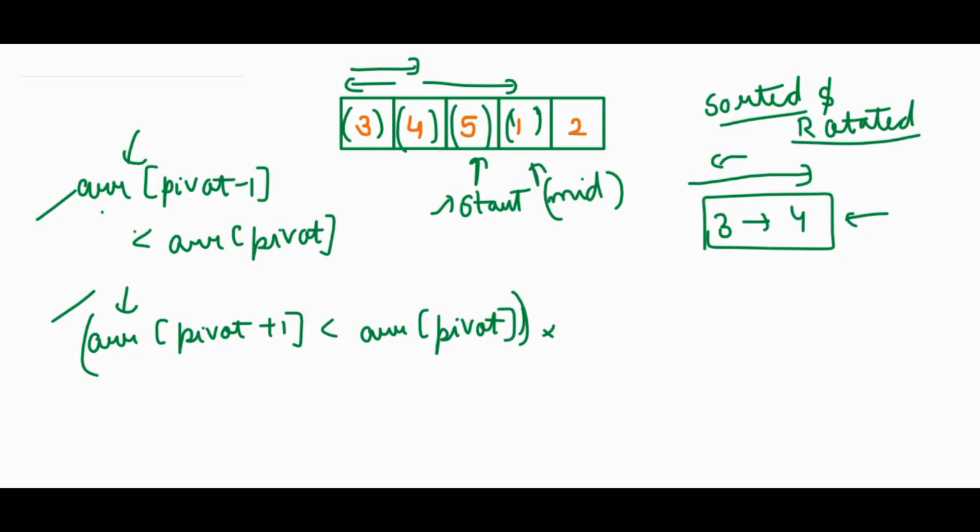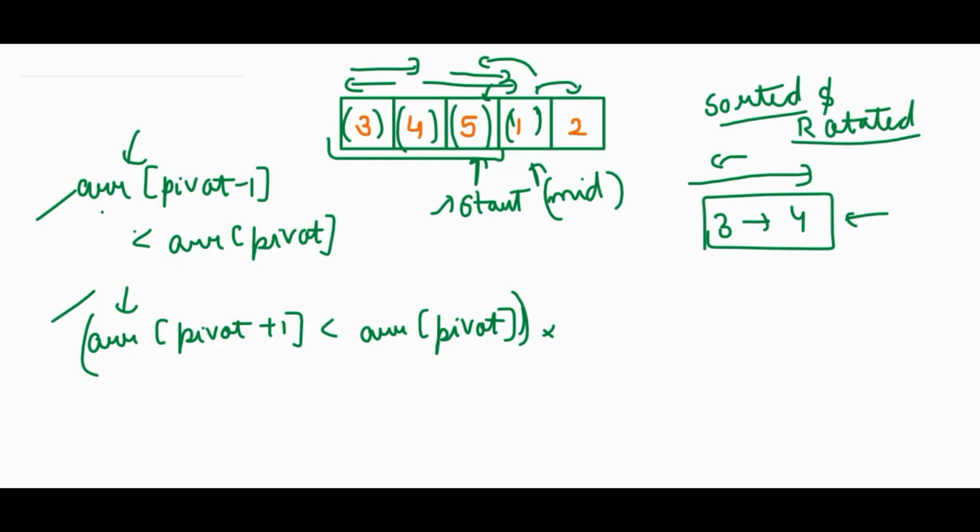If it is less than start, that will mean that on the left side the array is not increasing as it should be. So we have to go left in this case, because on the left side there is some discrepancy. That means there is some problem, the array is not increasing. That means the pivot should be on the left side only, not on the right side, right?